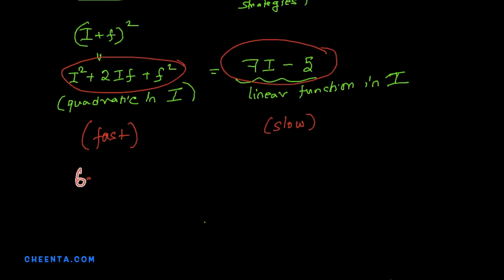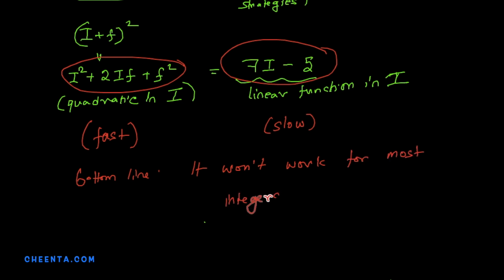So what is the bottom line? The bottom line is, it won't work for most integers. Maybe it will work for some small integers, that might happen, but for larger values, it will fail as I gets larger.